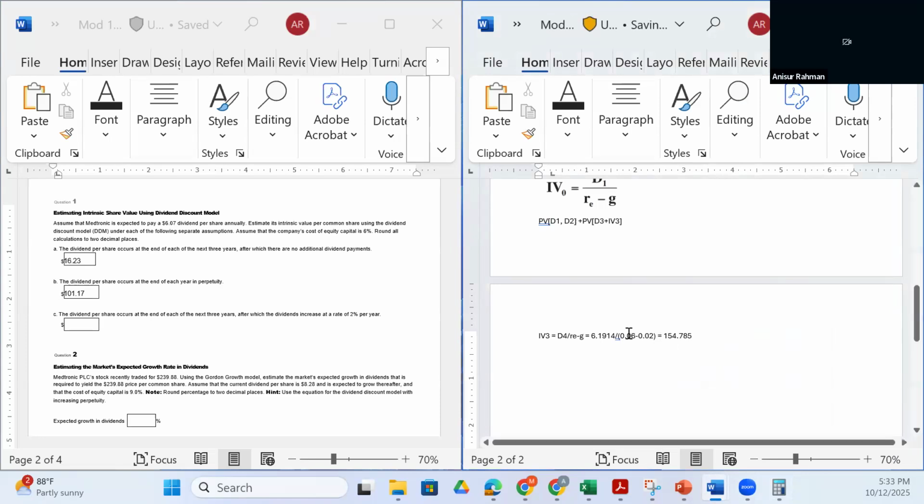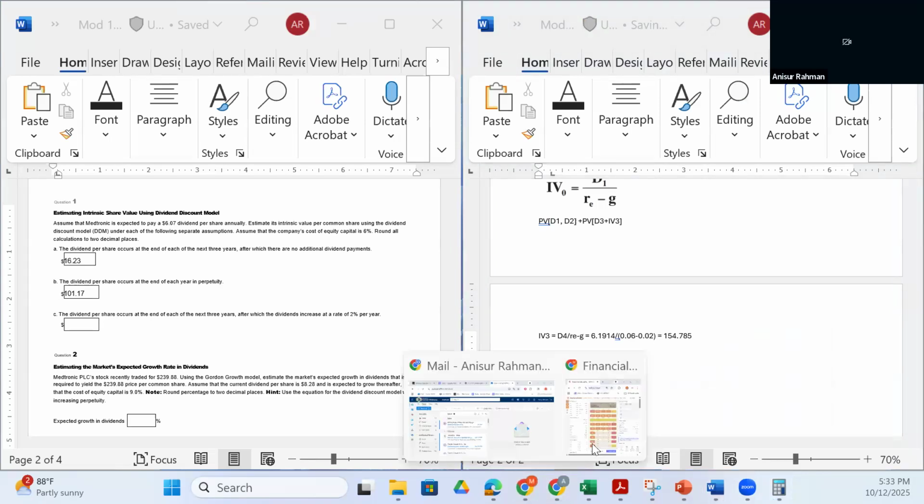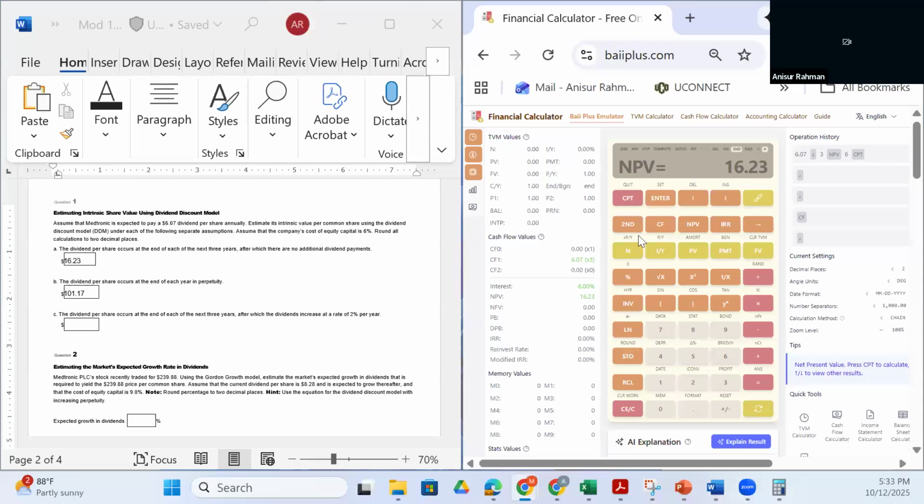So now we have to add this amount to dividend 3 when we use the cash flow function in the financial calculator. So let's go to our financial calculator. Again, in your calculator, you'll press CF, and you already have some cash flows here.